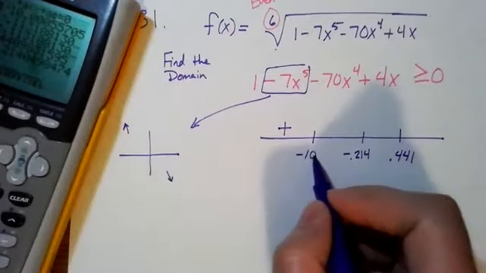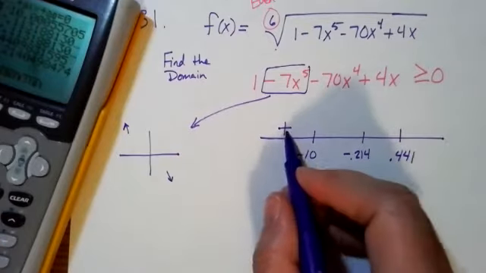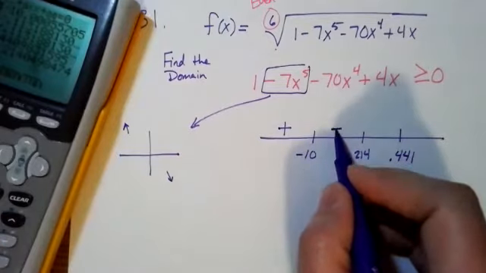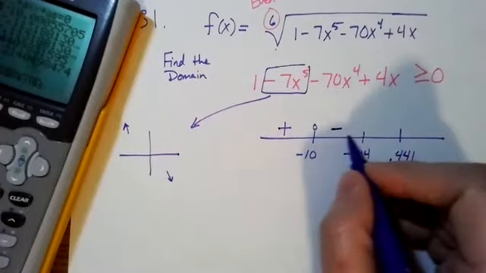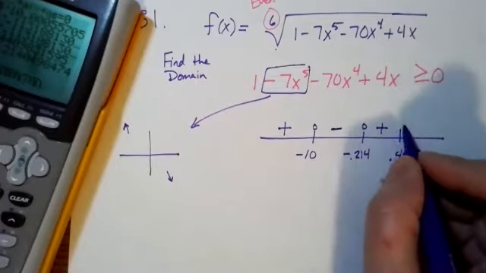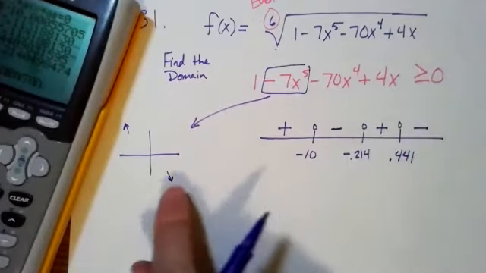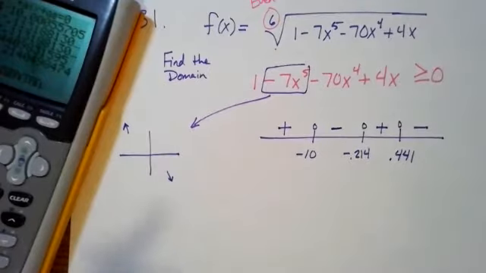And each of these, there was no multiplicity to worry about. So each of these is going to be a switching place. We're going to move from positive into negative after we hit a 0, we'll hit a 0 and then we'll move from negative into positive and hit this 0, and then our graph would move into the negative, which matches our right end here.